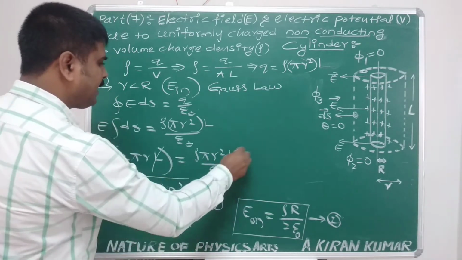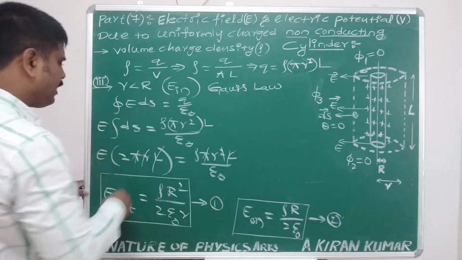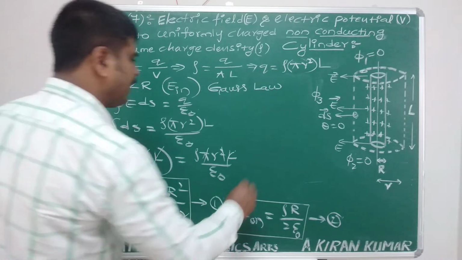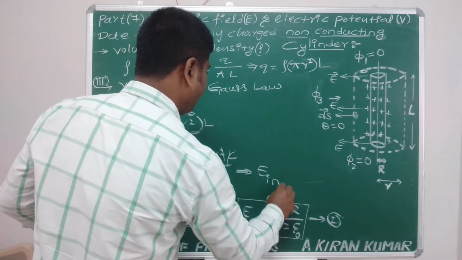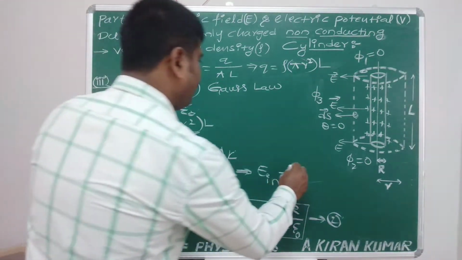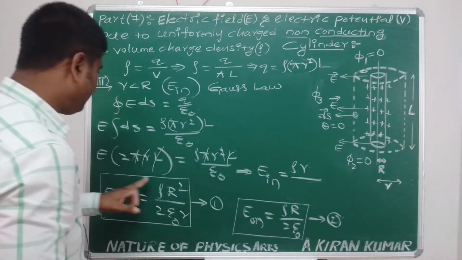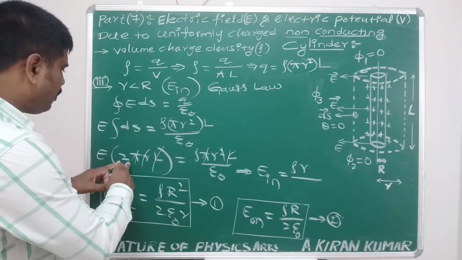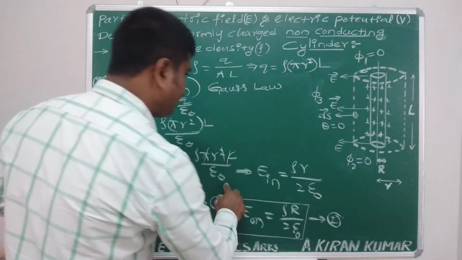Here L cancels, r cancels, and pi also cancels, so we get E in equal to rho into r divided by 2 epsilon naught.